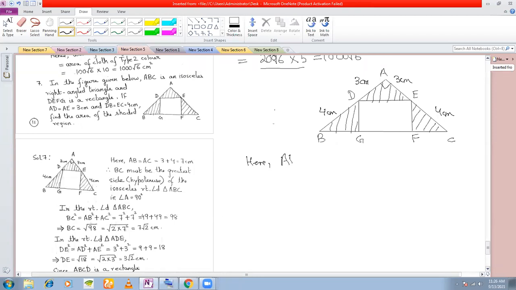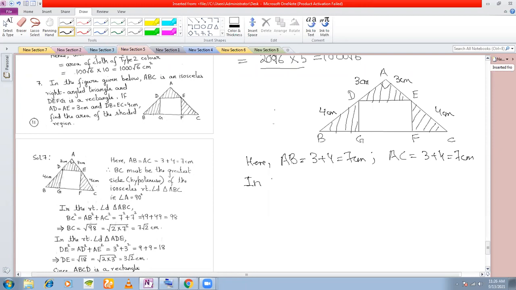What is AB? The length of AB is 3 plus 4, which is equal to 7 centimeters. And the length of AC is also 3 plus 4, which is equal to 7 centimeters. Now, because this is a right angle triangle, you can also find out BC.